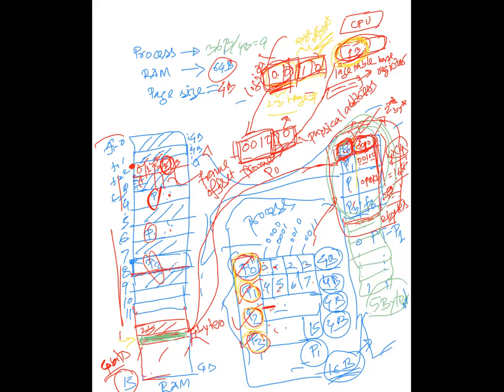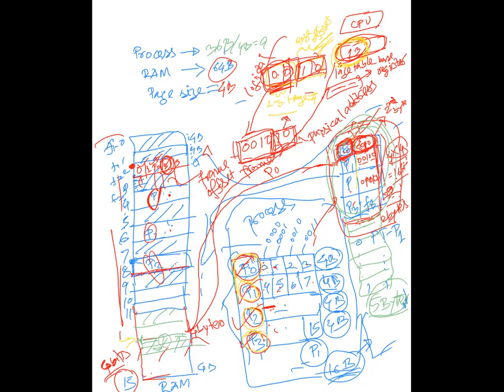Can you accommodate 5 bytes inside a 4-byte frame? The answer is no. At best you can accommodate 4 bytes, and 1 byte you cannot. You need to put that 1 byte in another frame, and then 3 bytes will be wasted.